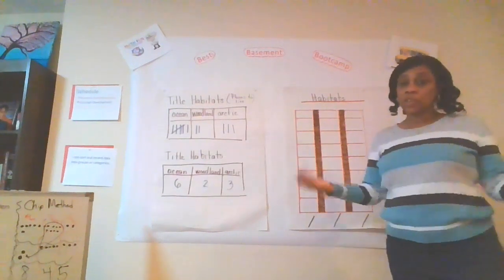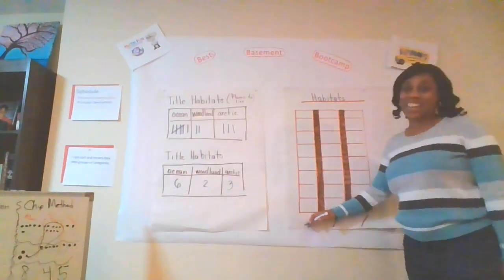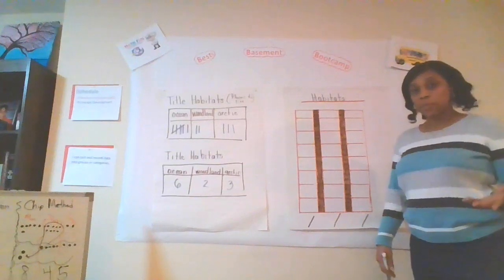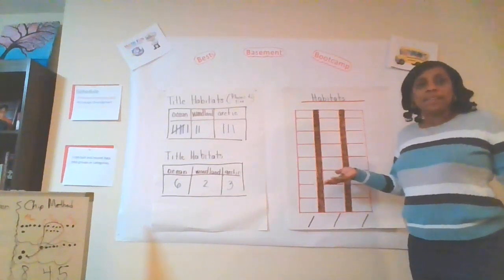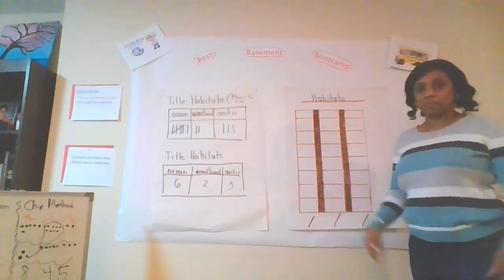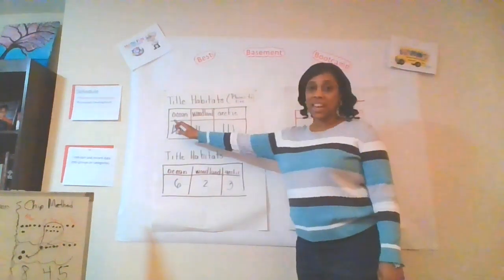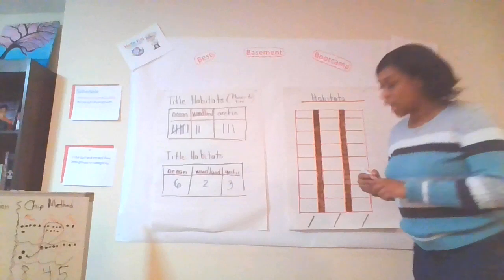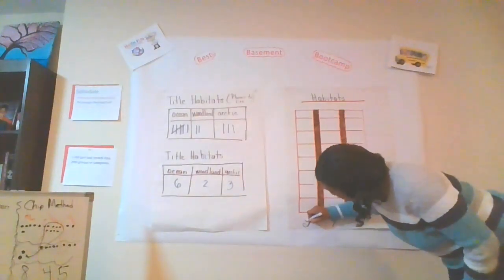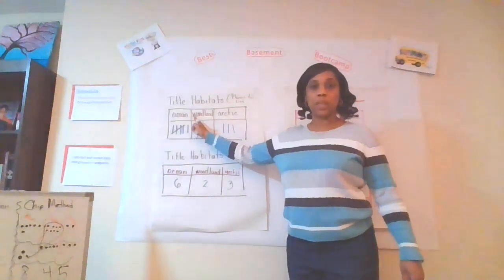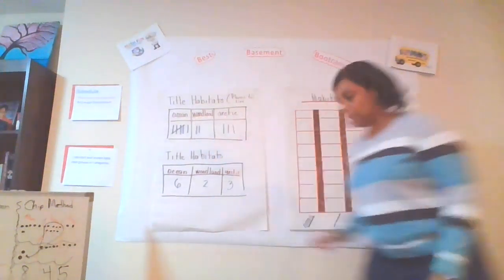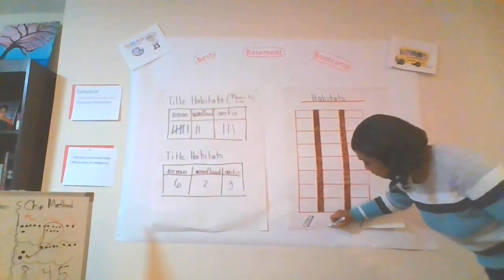Next, in a picture graph, you have to have labels. Our labels tell us the different areas that these animals live in. So we looked at animals that lived in the ocean. That's our first label. Our second label would be animals that live in woodland areas or forest.